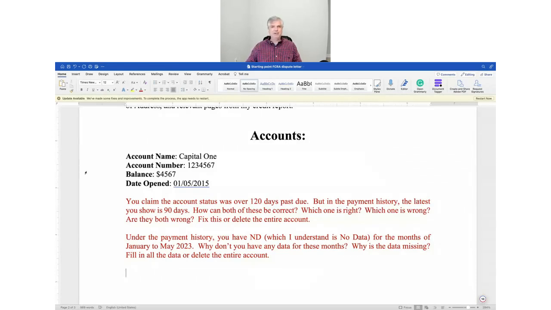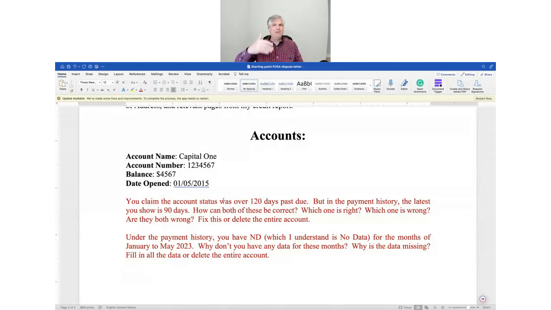Well, let's go back and look at what we've written here. You claim the account status, remember, we'd have the account status circled, was over 120 days past due. Okay, maybe that should be "is" over 120, whatever you want to do. But in the payment history, so we have like a line going down to the payment history, we say the latest you show is 90 days. All right, so really, that's clear enough, right?